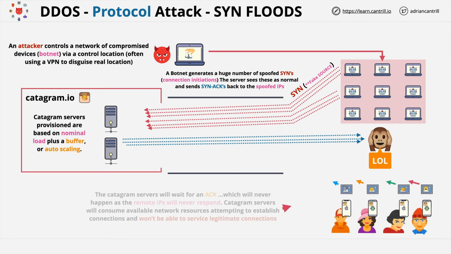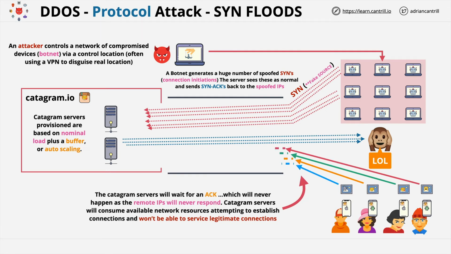And that means that our legitimate connections won't be able to connect into our infrastructure. Essentially, by generating this protocol-based attack, this SYN flood, we're preventing the network resources being used for legitimate requests. And so we're essentially significantly impacting the network capability of this application infrastructure.